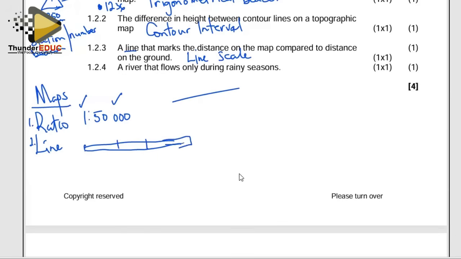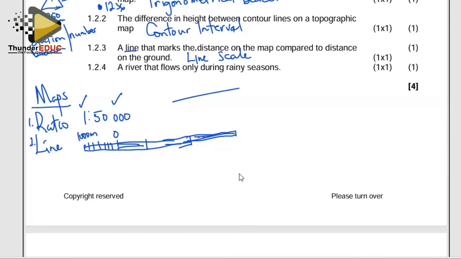That is typically how a line scale looks, just a sketch of the line scale. Maybe in this instance, our line scale is in kilometers. It gives us 1,000 meters, then the subdivisions of 1,000, then it gives us 0. Then it goes on to give us the respective kilometer values as we go.